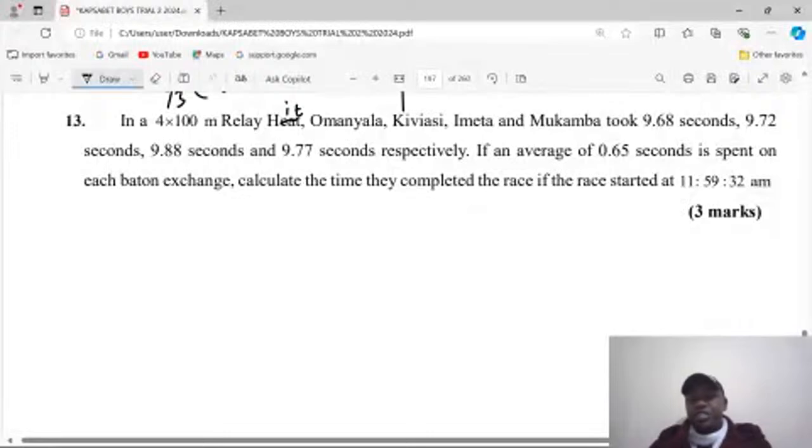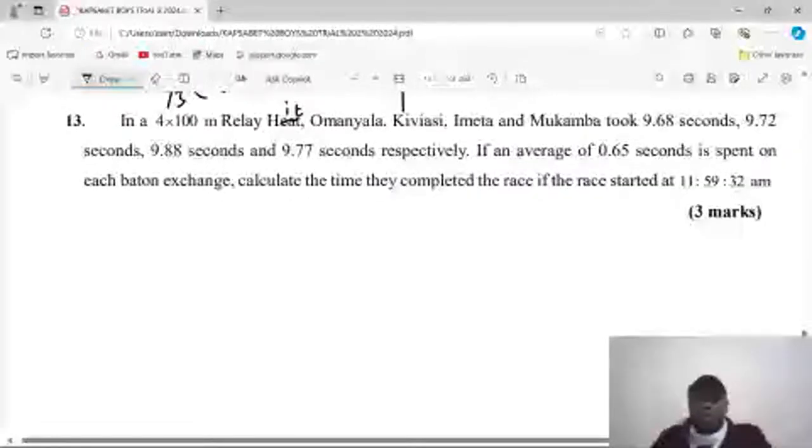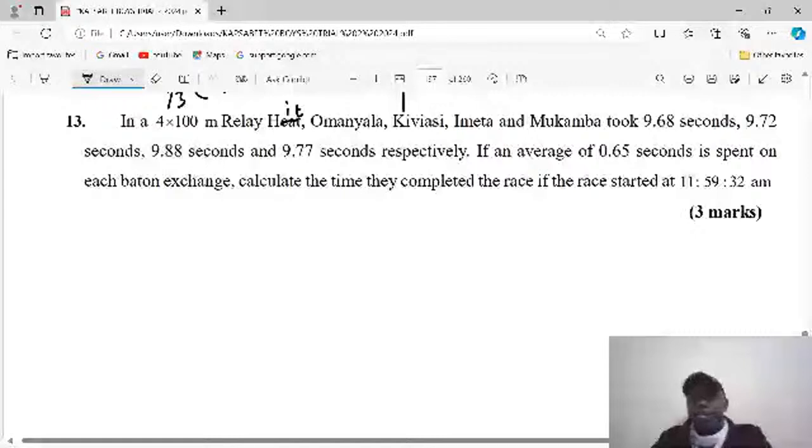If an average of 0.65 is spent on each baton exchange, find the time they completed the race, if the race started at 11:59.32 a.m.